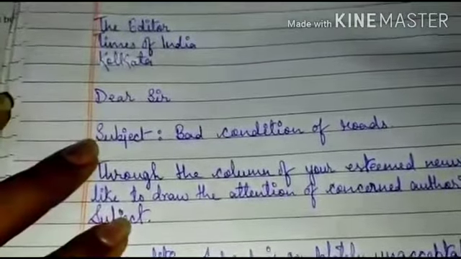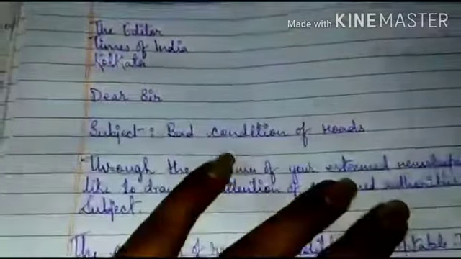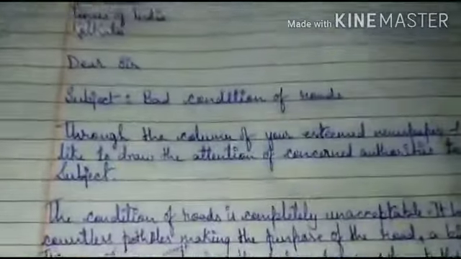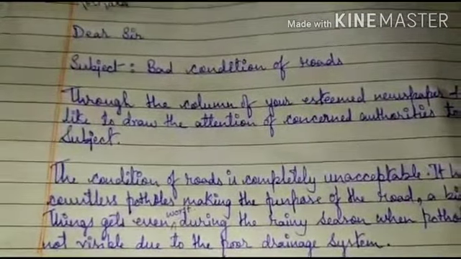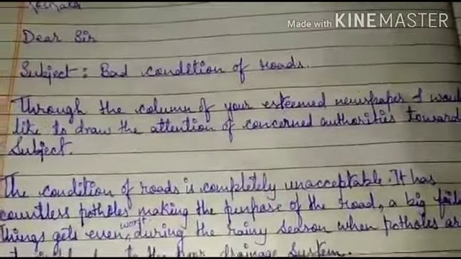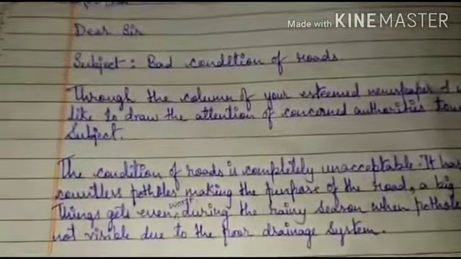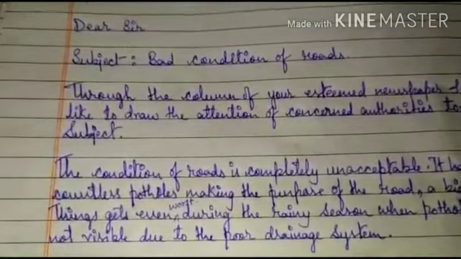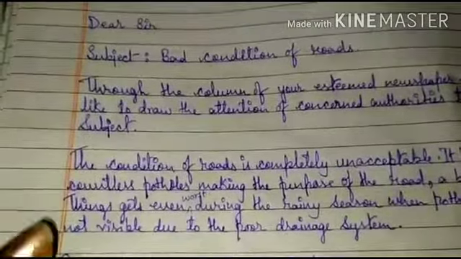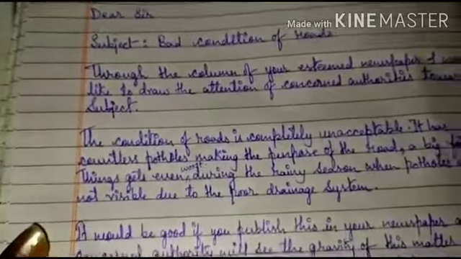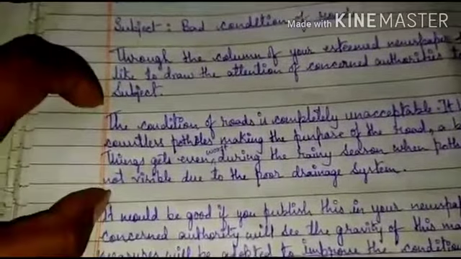So what was our subject? Bad condition of roads. Now see here, through the column of your esteemed newspaper, I would like to draw the attention of concerned authorities towards the condition of roads.